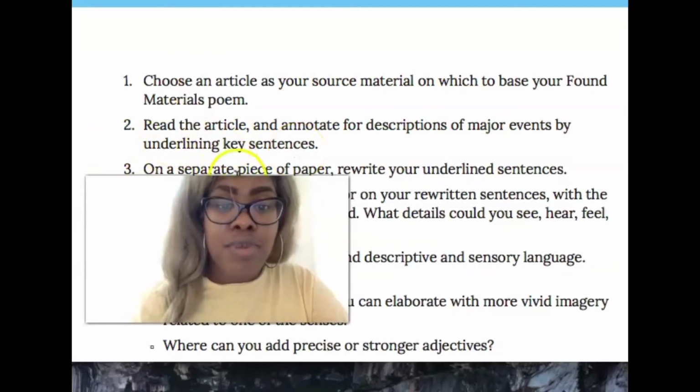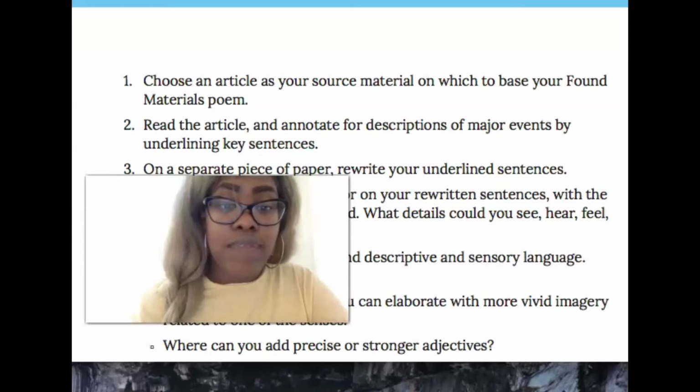Then, on a separate piece of paper, you are going to rewrite your underlined sentences. Then you're going to annotate places in the same article or on your rewritten sentences with the senses you imagine as you read and what details you could see, hear, feel, smell, or taste.